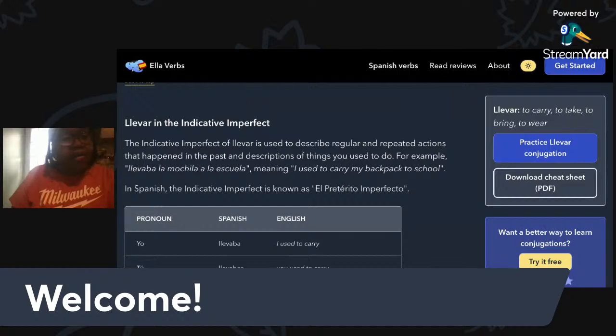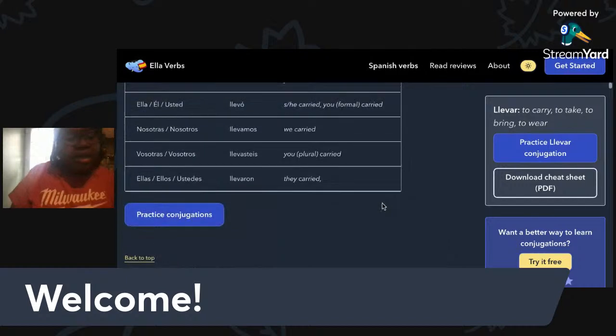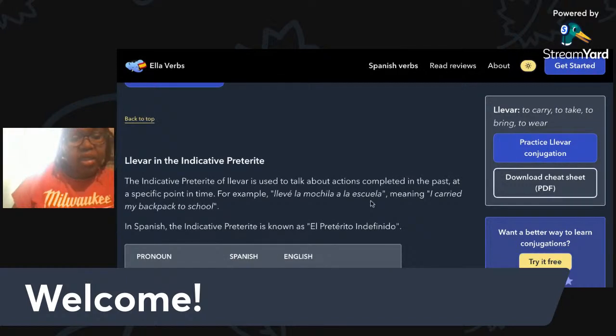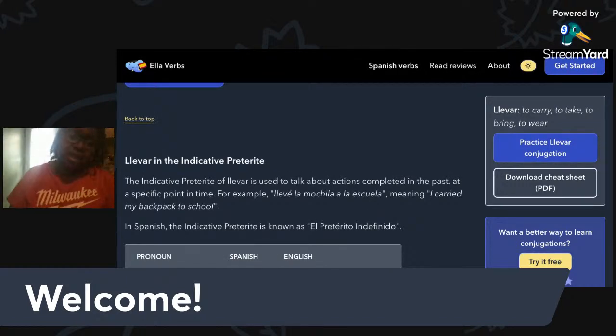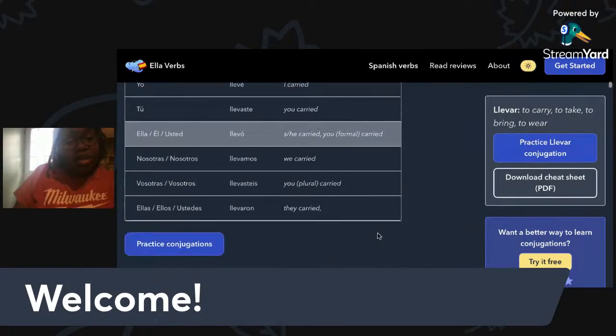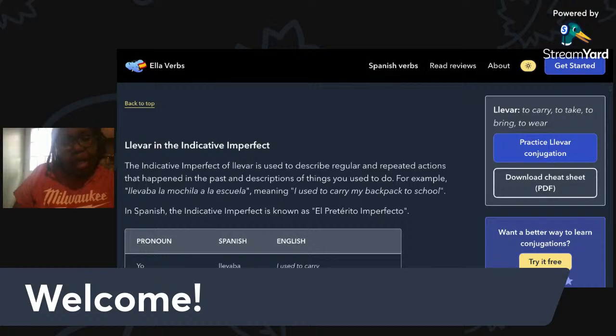But there you have your past preterite. I'm probably pronouncing it wrong. Your pretérito indefinido, and your pretérito imperfecto. So it's indefinite and imperfect.